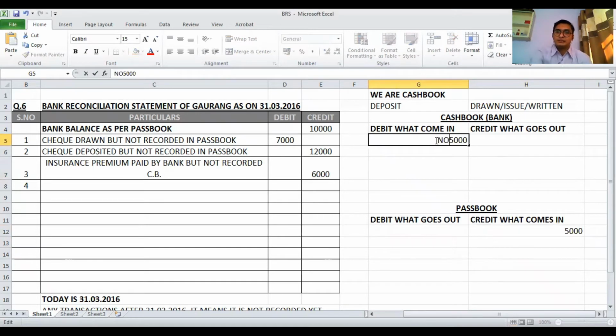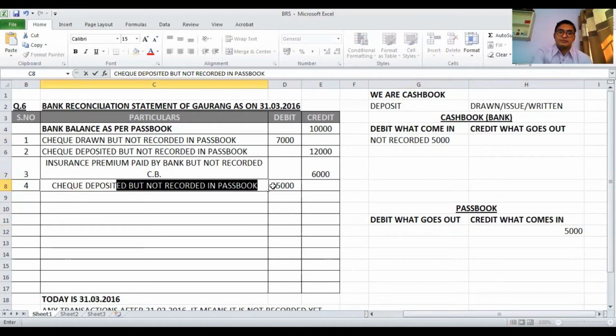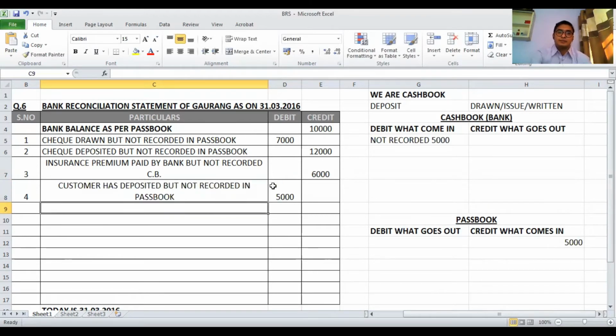In cash book, it is not recorded. So now I'm going to record on debit side for 5,000, check deposited by customer but not recorded in passbook. Got it?